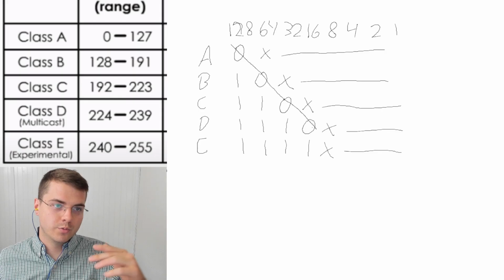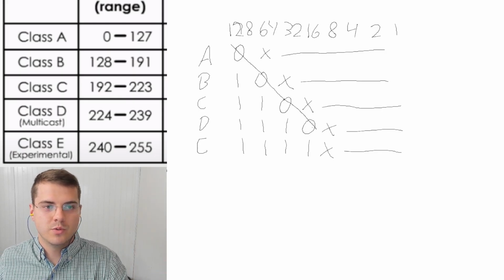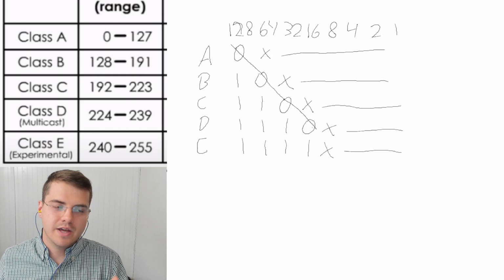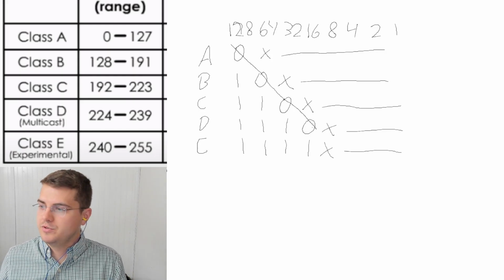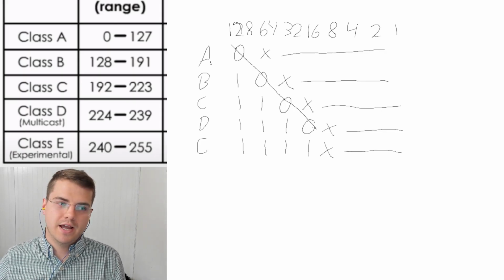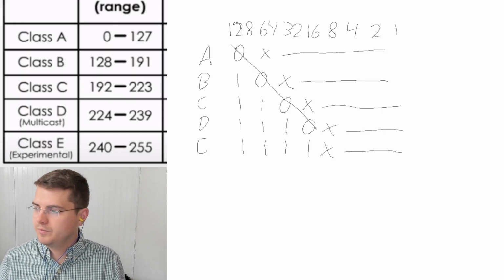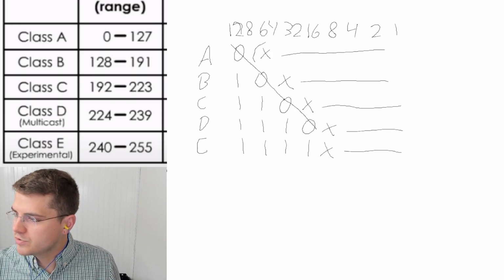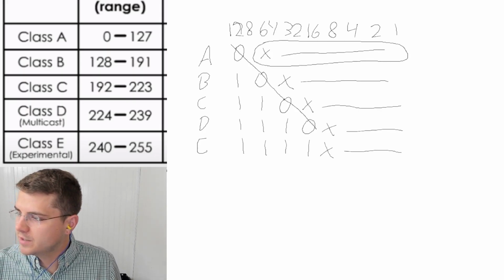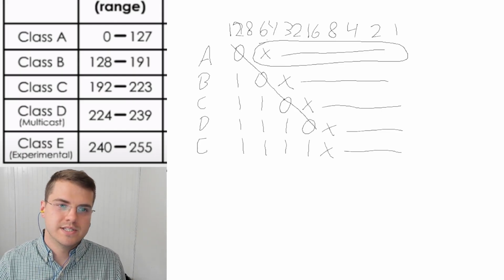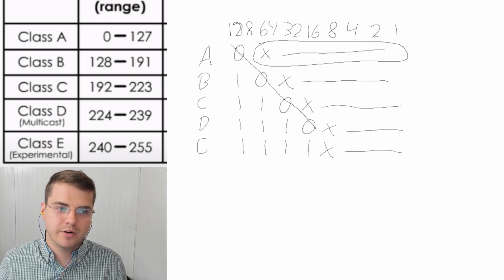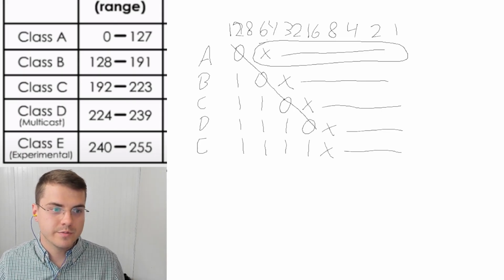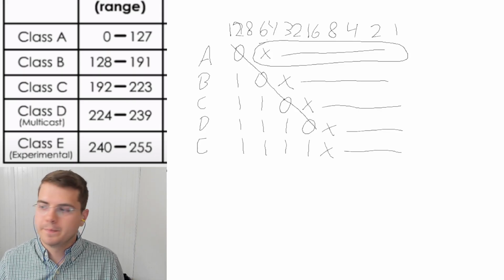So the first one, 0 to 127, that is just what all these variables can add up to. You're never going to have more than 127 because this range right here only adds up to 127. But they could all be 0. So because all of those are variable, it starts from 0, goes to 127.